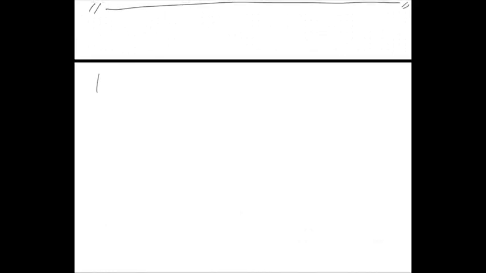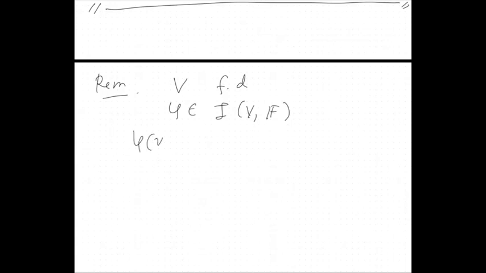If we have a vector space V which is finite dimensional and a linear functional phi from V to F, then we can express the linear functional as an inner product of v with respect to u, for all v in the vector space V.